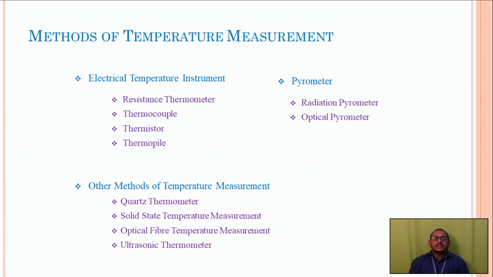And these are the electrical temperature measurements. There are four types available in the electrical type thermometers. They are the resistance thermometer, also known as the resistance temperature detector or RTD, then the thermocouple, the thermistor, and lastly the thermopile.